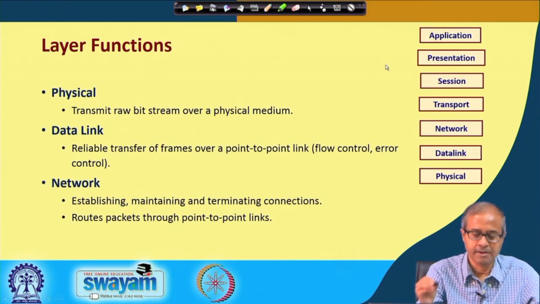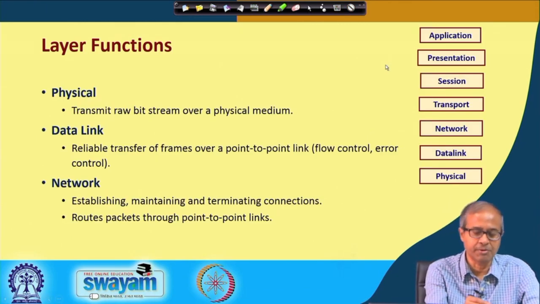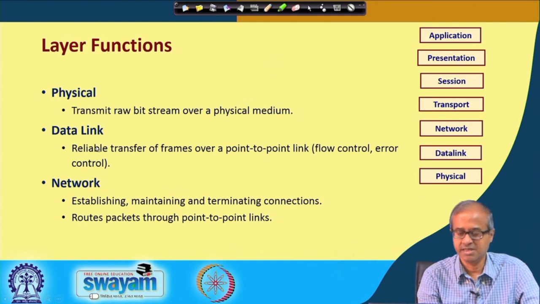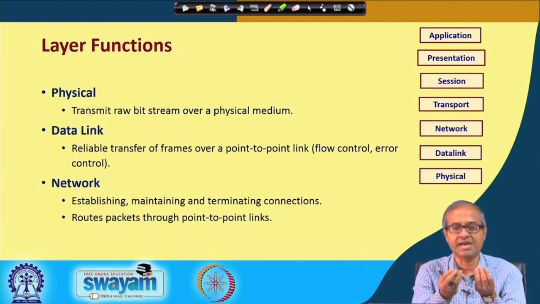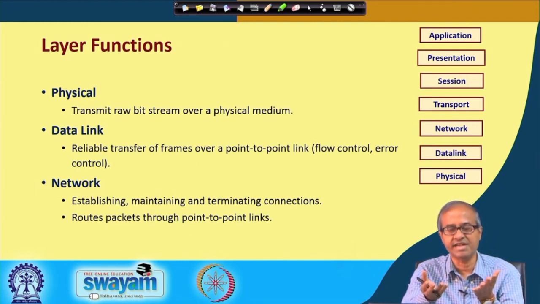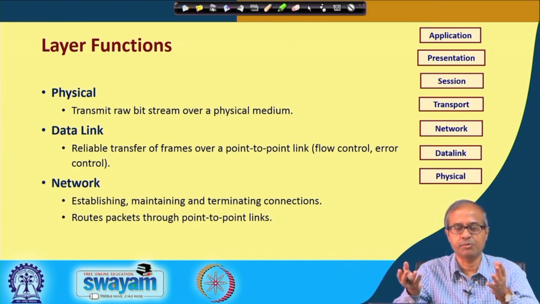First, let me briefly talk about the function of the different layers. The lowermost layer, the physical layer, concerns the electrical, or in whatever way you are sending, either using electrical signals or using optical signals over fiber optics.